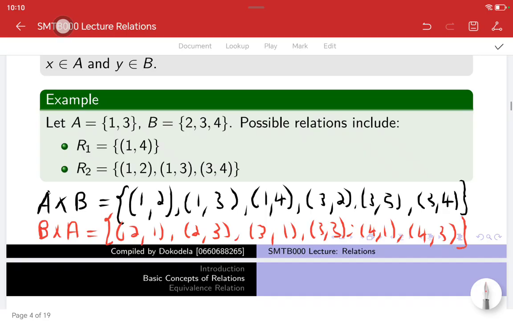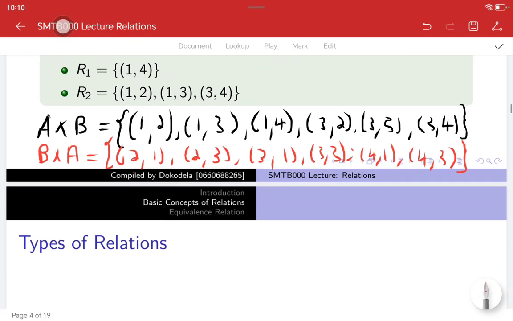Once we check this, the next question that we can ask ourselves is, is A cross B equal to B cross A? Who can tell me, are these two equal?